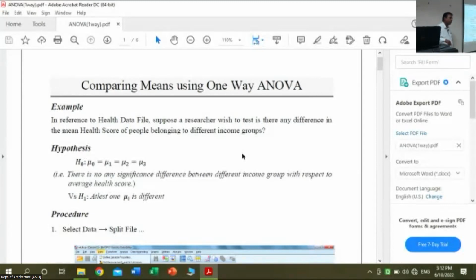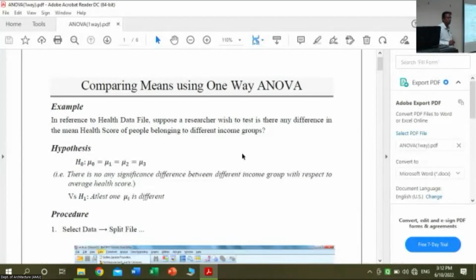When there are more than two populations or more than two groups, the t-test can be used, but you have to compare first with second, second with third, third with first, and so on. It will be very difficult to make the multiple comparisons, so your analysis will be very long. It will take time, and the result will also not be very good.